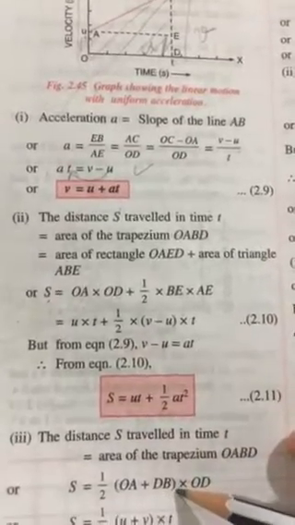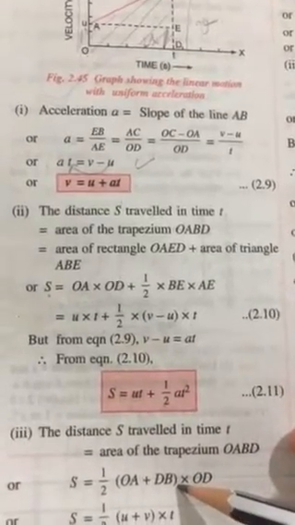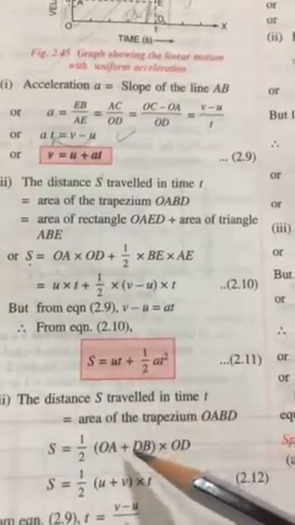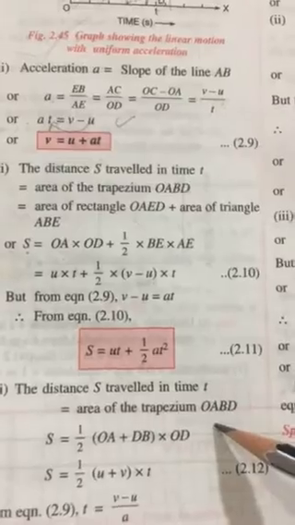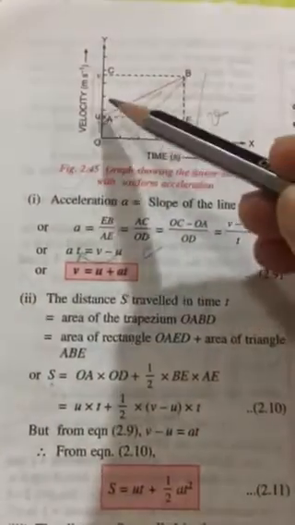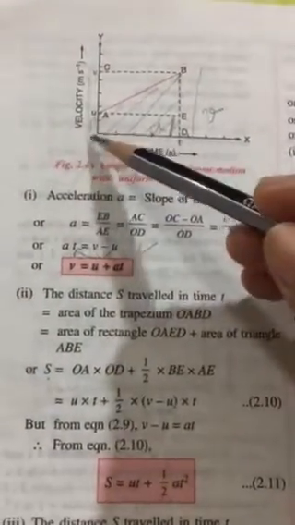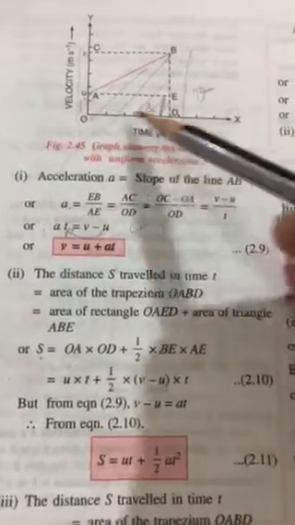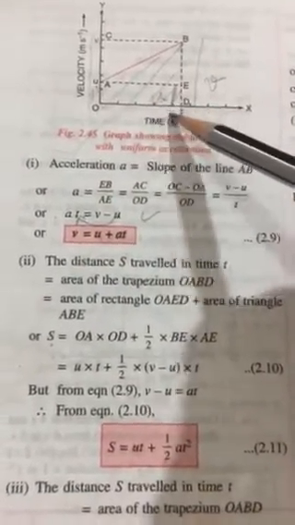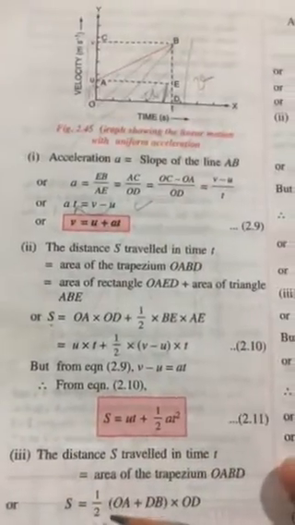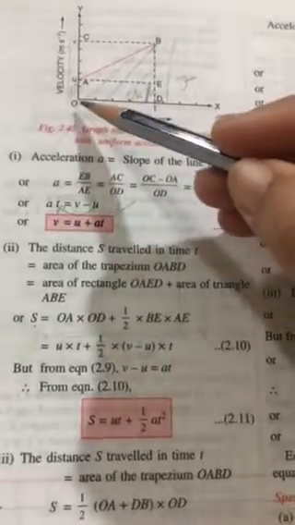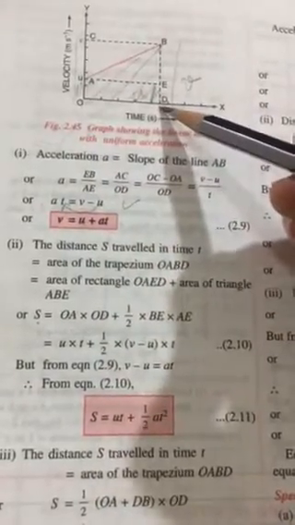Now the third way by which we can see this graph is that total distance S can be given by the area of the trapezium OABD. The total area of the trapezium is given by half into sum of parallel sides into distance between them.